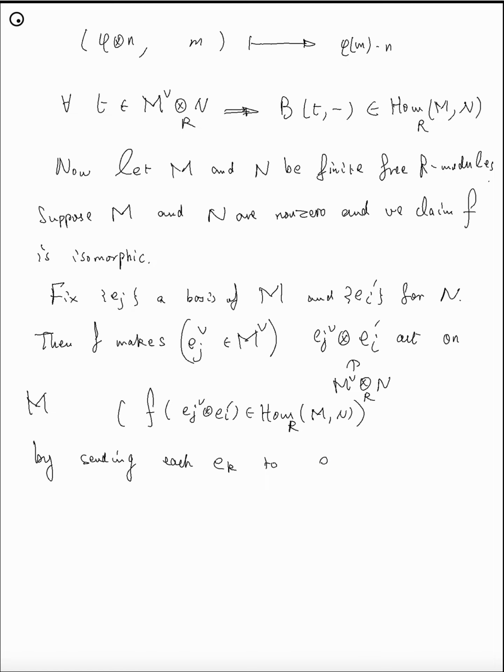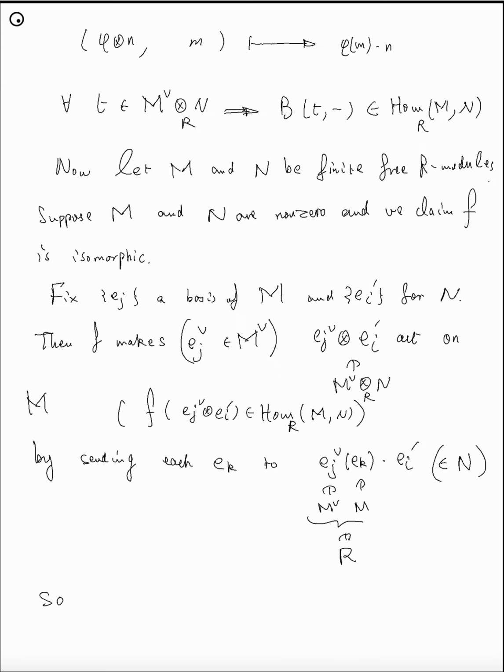To e_j dual evaluated on e_k. This is in R, and then you multiply with e_i prime, so this is in N.